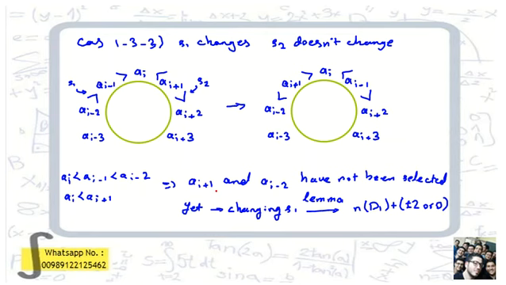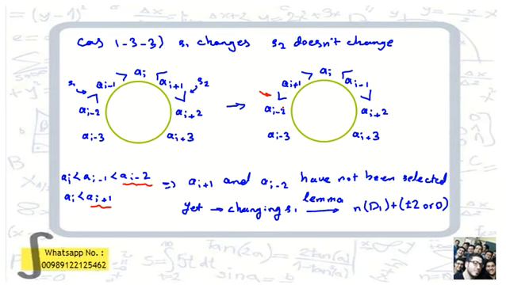So we can say that a_{i+1} and a_{i-2}, both of them, are greater than a_i, so they have not been selected yet. So by changing S1, we would see that n(d1), considering this case, has two effects from this change.